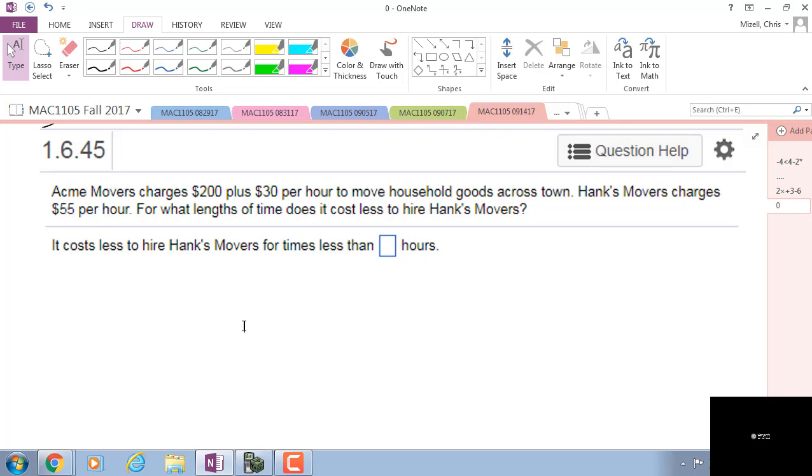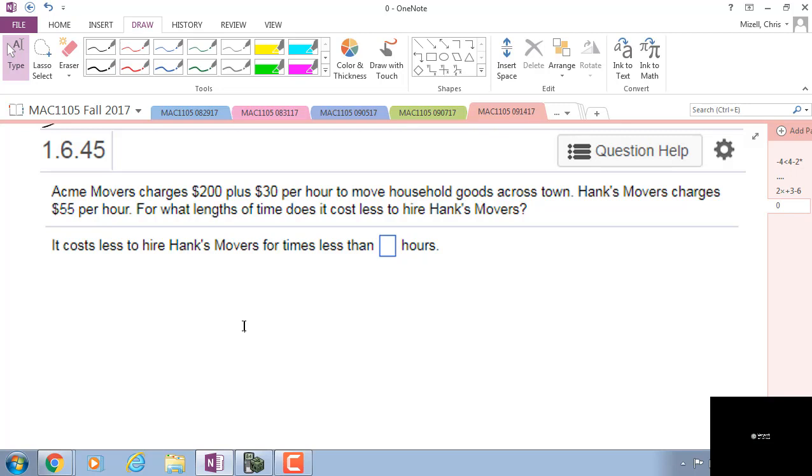Would you pay Acme Movers $200 plus $30 an hour if they move quickly and efficiently and don't break any of your stuff or lose it? Maybe. Hanks Movers charges $55 per hour, but they don't hit you up evidently for that $200 flat rate fee, just straight $55 an hour.